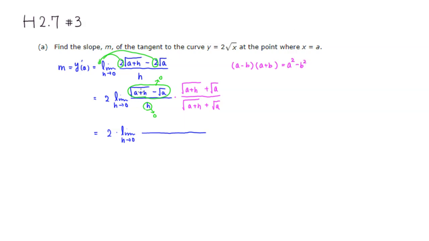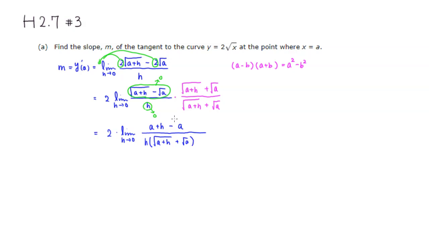So the square root is gone. You have a plus h minus a, since the square root of a squared is a. And the denominator, I'm just going to multiply h and the other denominator, which is square root of a plus h plus square root of a.